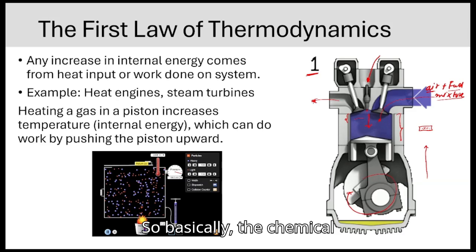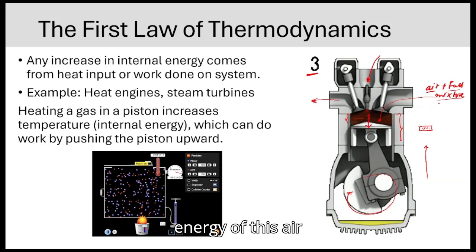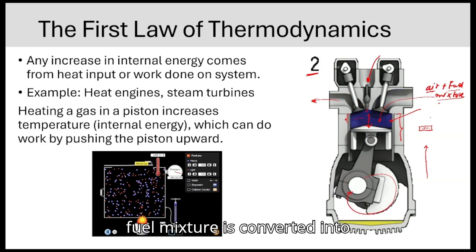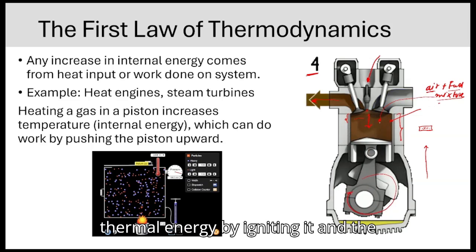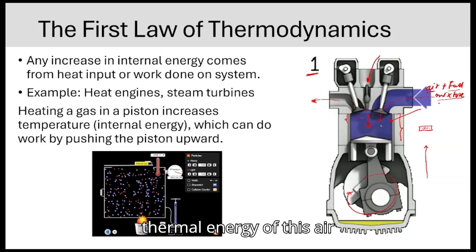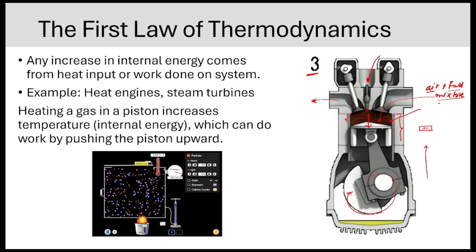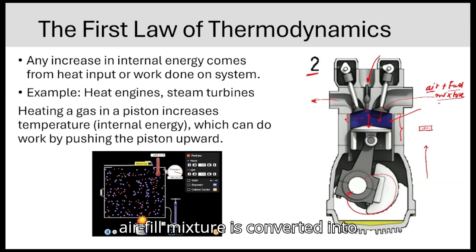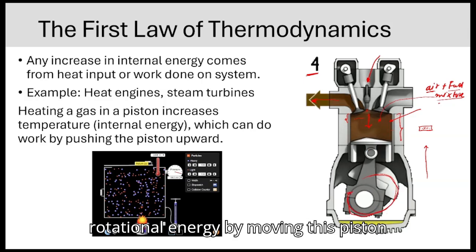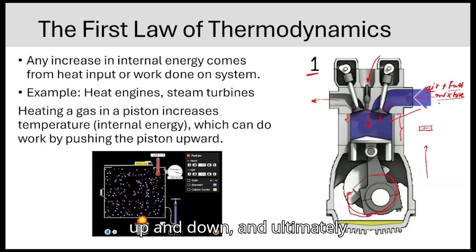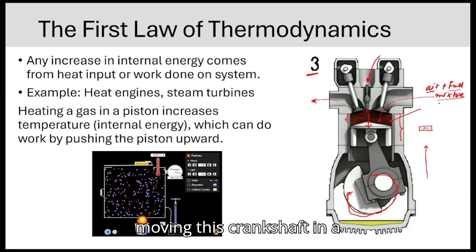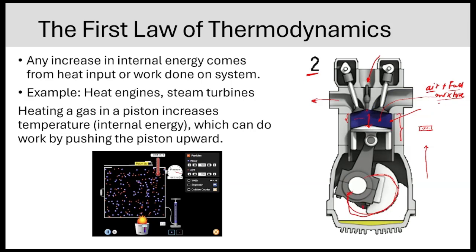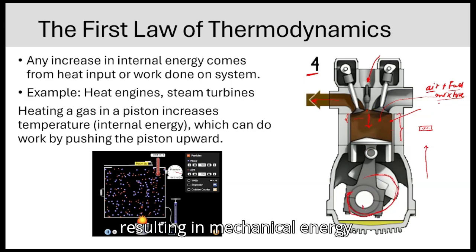So basically, the chemical energy of this air fuel mixture is converted into thermal energy by igniting it, and the thermal energy generated by burning the air fuel mixture is converted into rotational energy by moving this piston up and down, and ultimately moving this crankshaft in a rotational motion, resulting in mechanical energy.